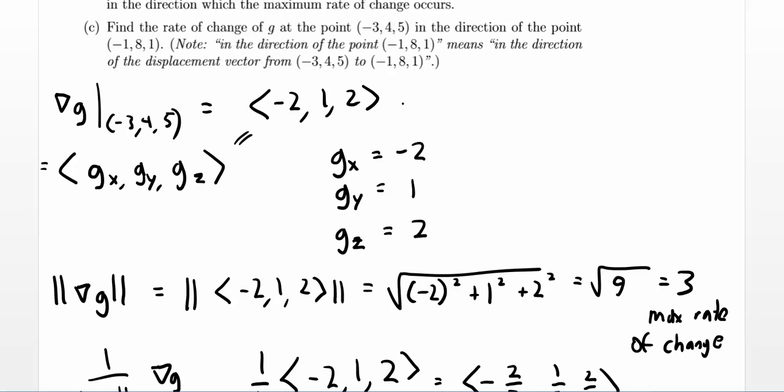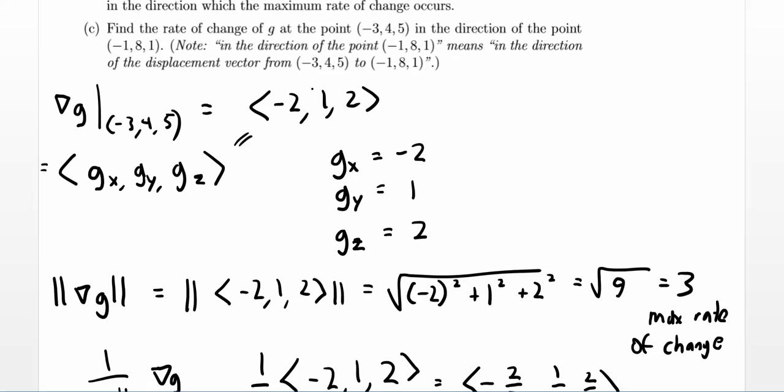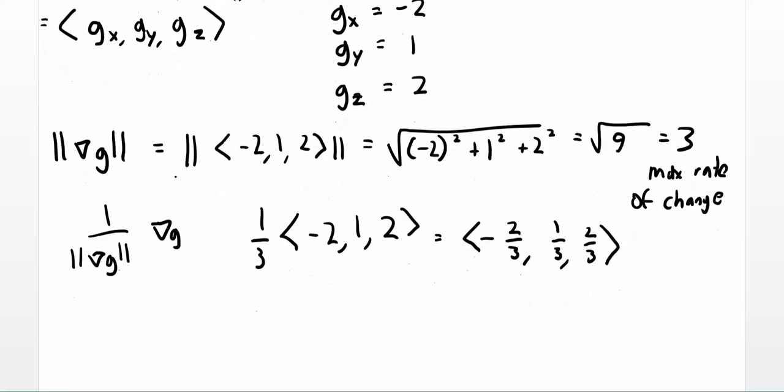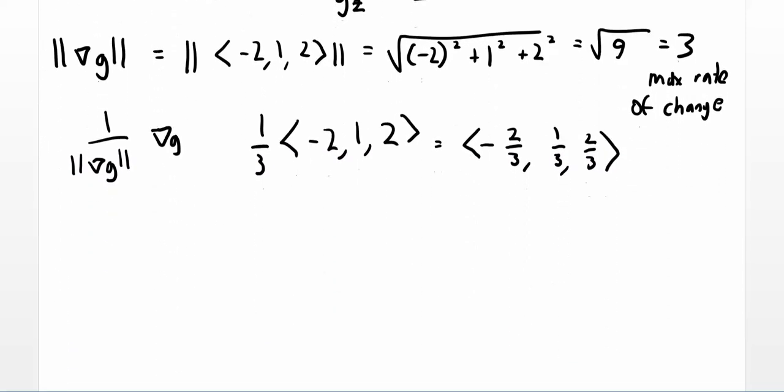Part C says find the rate of change of g at that same point in the direction of this other point. In the direction of the point means in the direction of the displacement vector from (-3, 4, 5) to (-1, 8, 1). All you need to do is find the vector that goes from this initial point to the final point. We remember how to make vectors between 2 points. It's just the final point minus the initial point.